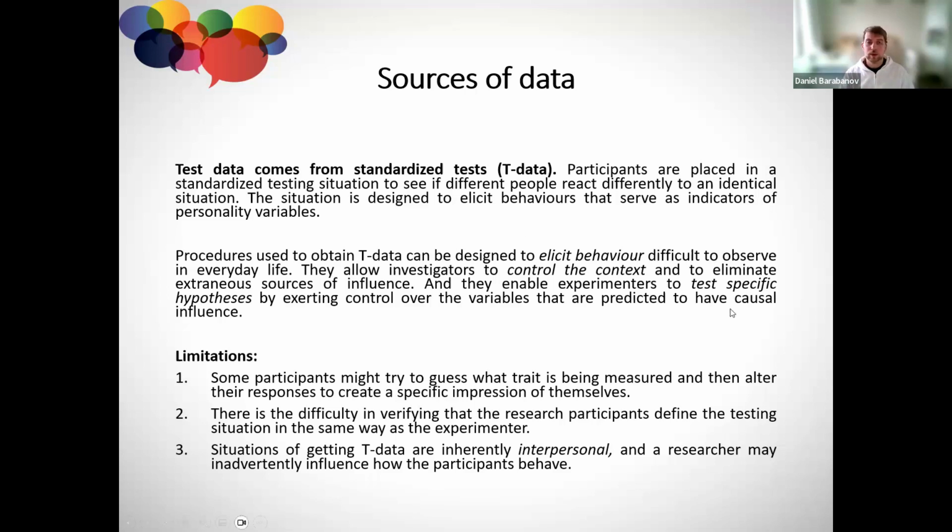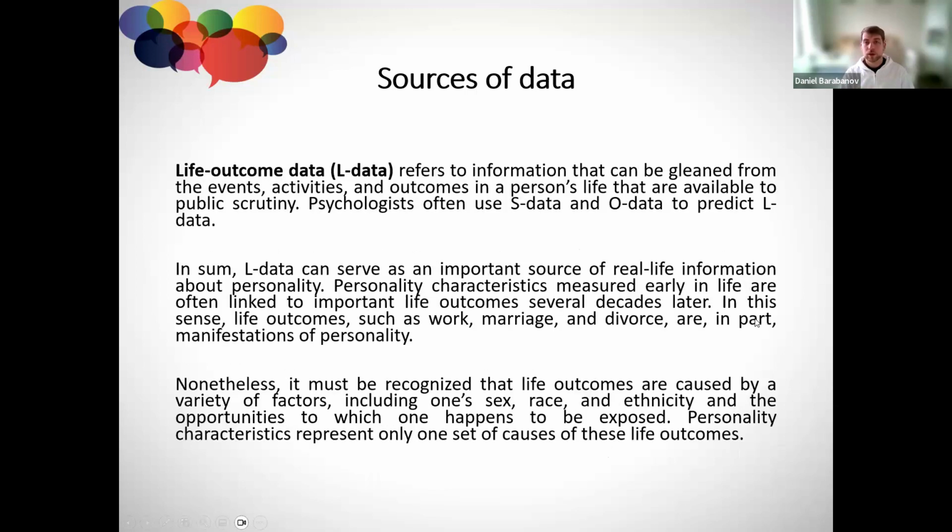And the final source of data which personality psychologists use is life outcome data. So basically, we also can get some factual information about our participants. For example, we can get their grade point average from their university, or we can get their credit scores, or we can get some data about their parking fines or medical information, right?